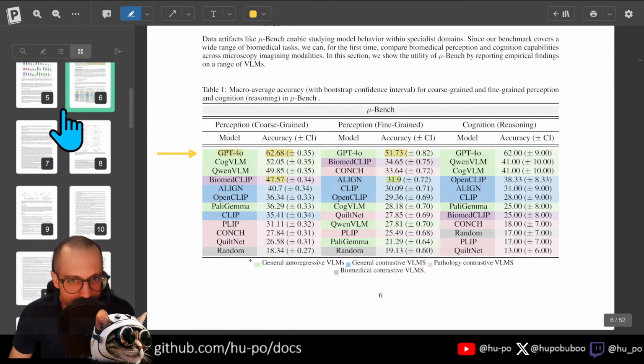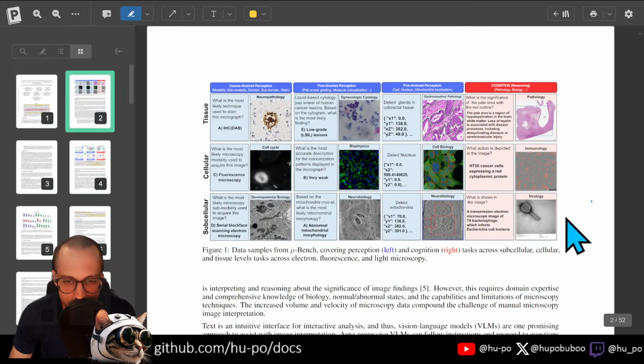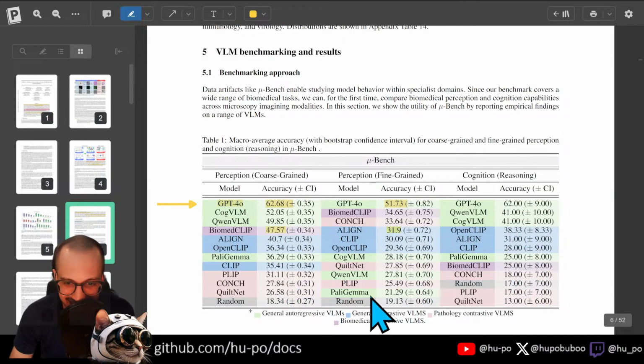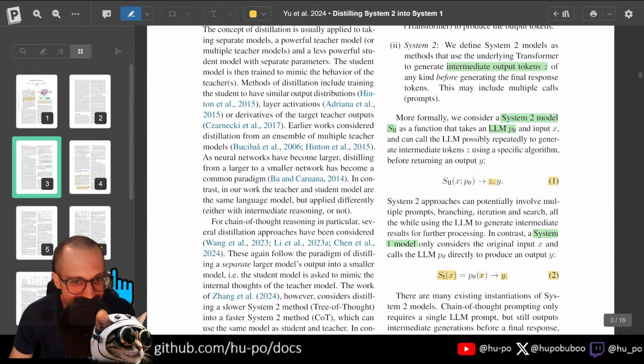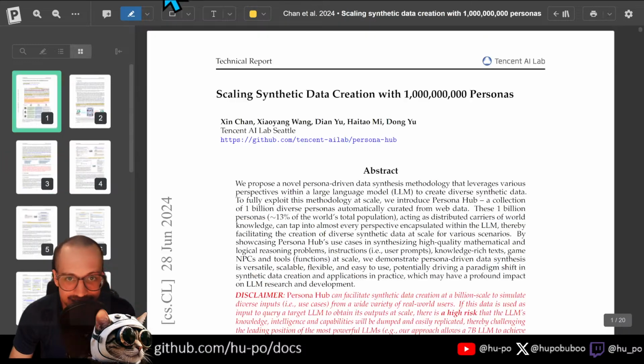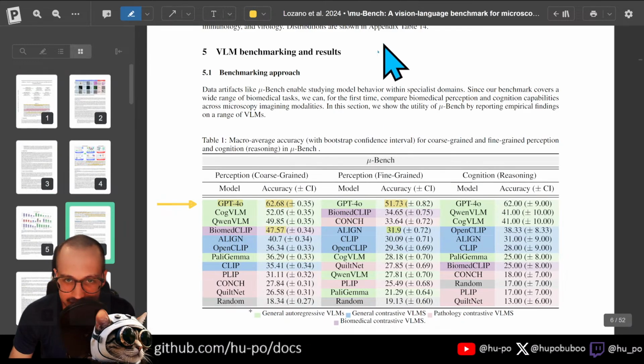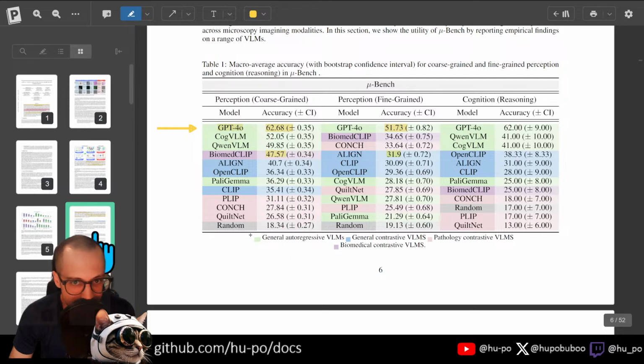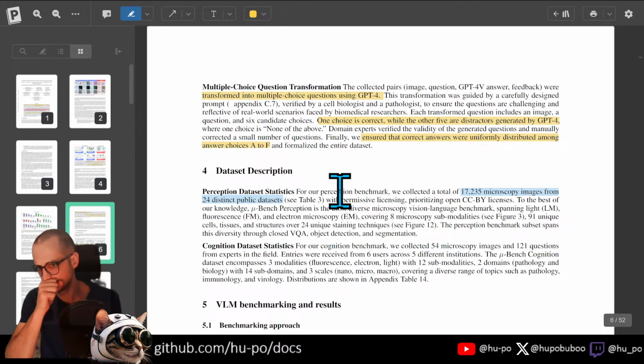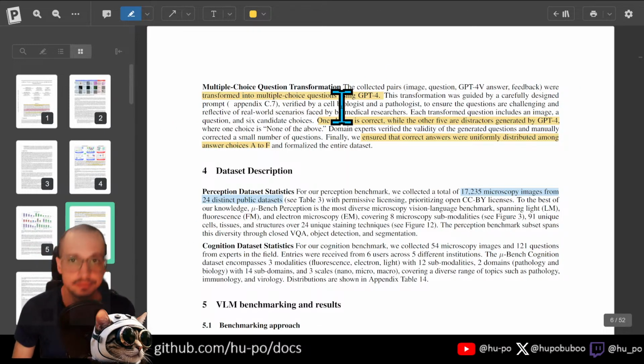GPT-4o is not trained on any of this microscopy, as far as I know there's none of that in there, but somehow it's just so good. Guys, it's out of control. I don't know what they did with that GPT-4o, but it's still very good. Still using GPT-4.